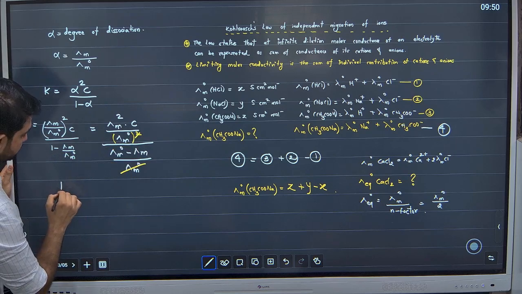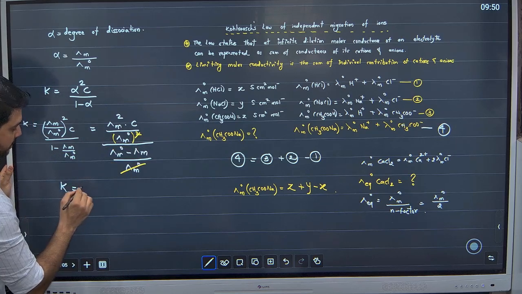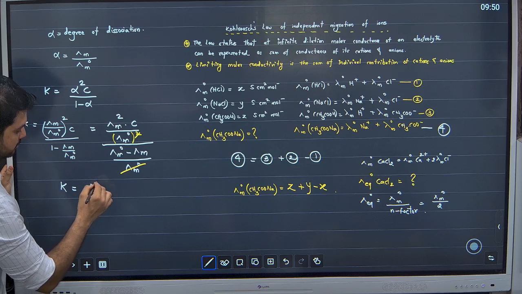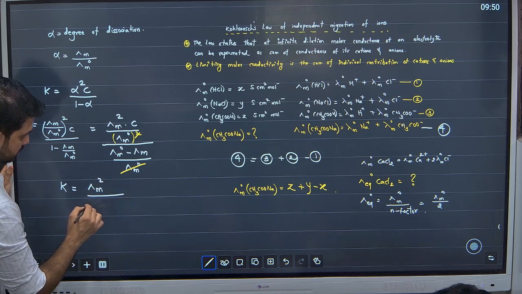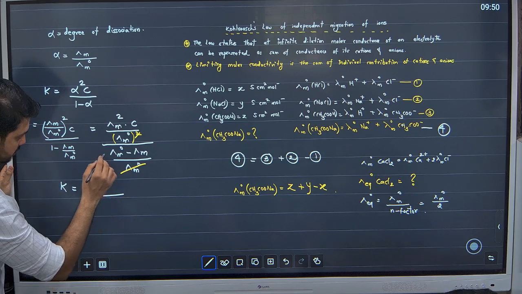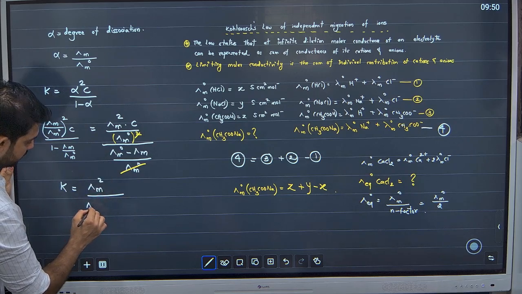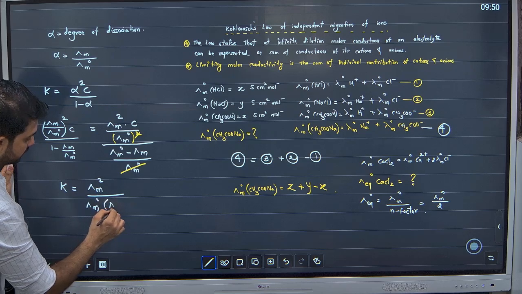So what is the final expression for K? Lambda m square C upon lambda m naught into bracket lambda m naught minus lambda m.